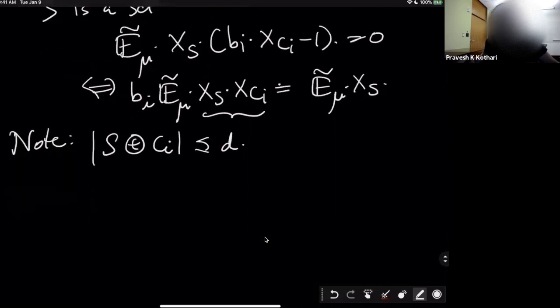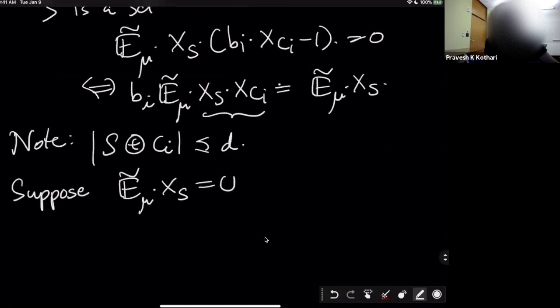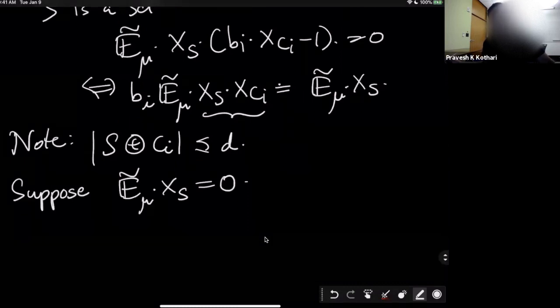Now, first suppose the pseudo expectation of x_s is 0. So what does it mean? It means that in the derivation process we did the last time, the pseudo expectation of x_s was never set. So x_s was never derived.